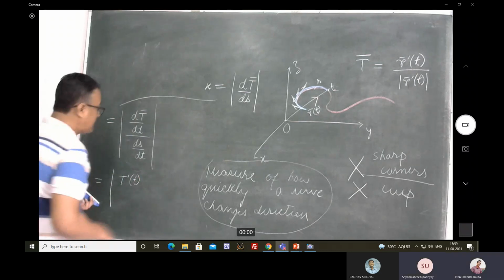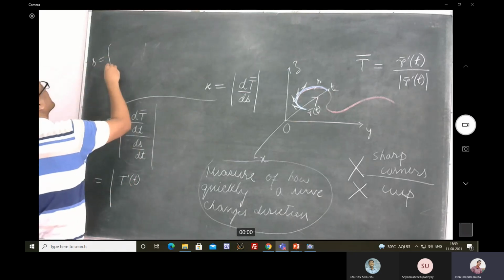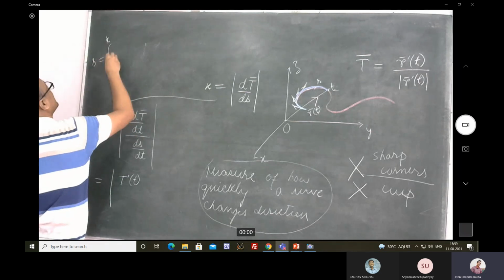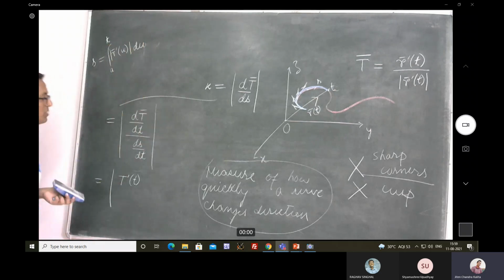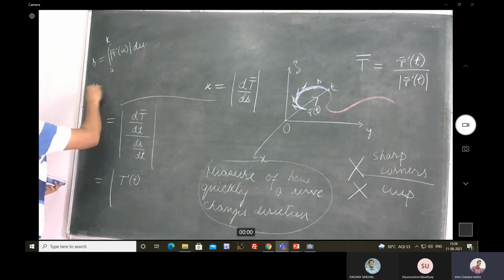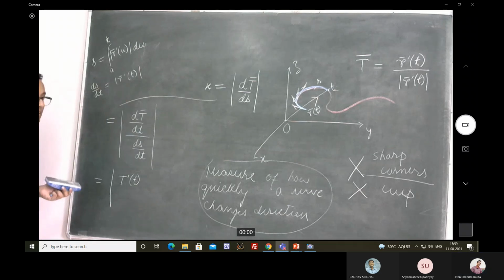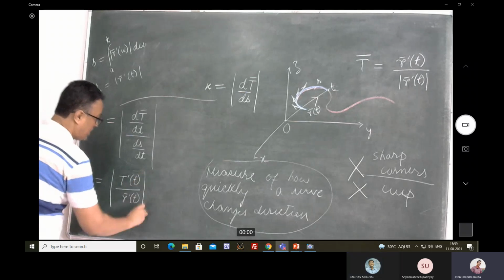If you recall, this s was defined as the integral from a to t of the magnitude of r prime u du, isn't it? And from here we found out that ds by dt is simply the magnitude of r prime t. Is it okay? Fine. So here I can simply write it as r prime t.